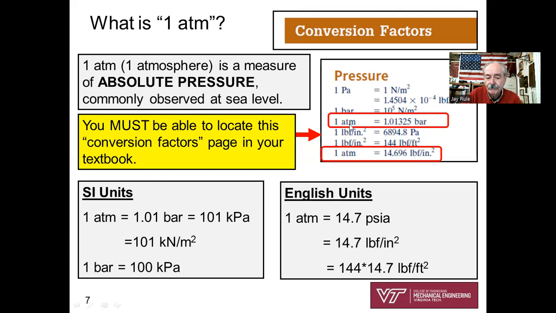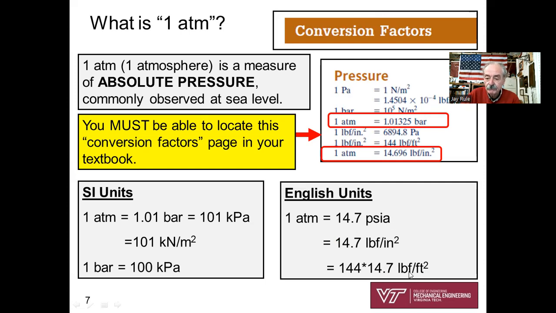So 1 atmosphere is going to be 101 kPa. In English units, 1 atmosphere is 14.7 pounds force per square inch. Again, keyword: when you see 1 ATM, that tells you that a pressure is given. 1 bar is 100 kPa, and you're going to be able to fish that out from your textbook. 1 atmosphere is 14.7 pounds per square inch, absolute.